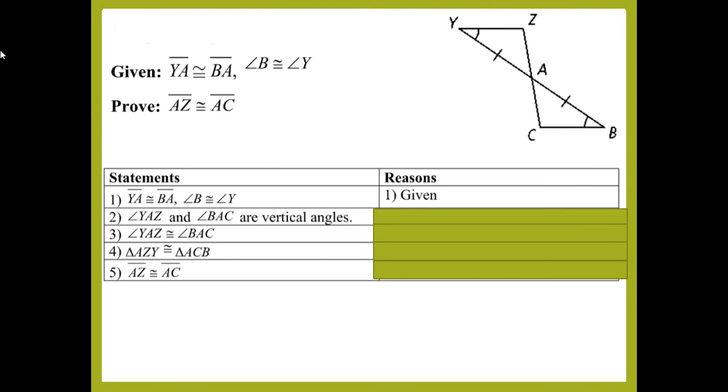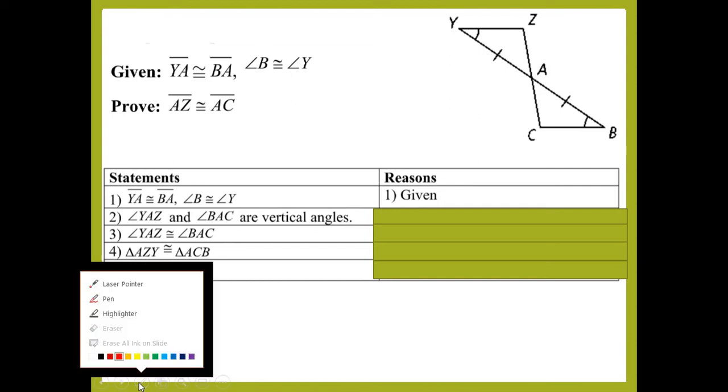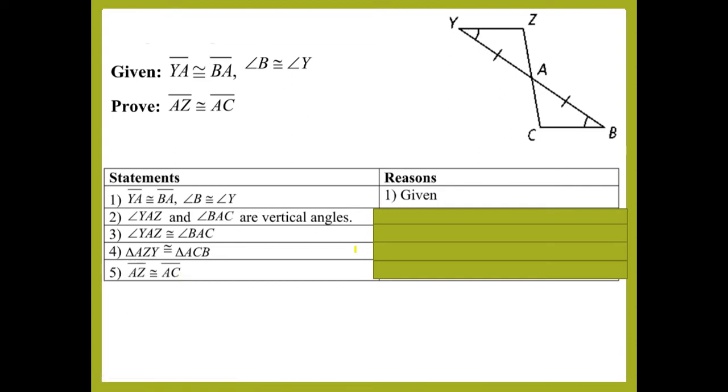Next, it says that angle YAZ, so this angle right here, and angle BAC, this angle right here, are vertical angles. We know this because of the definition of vertical angles.